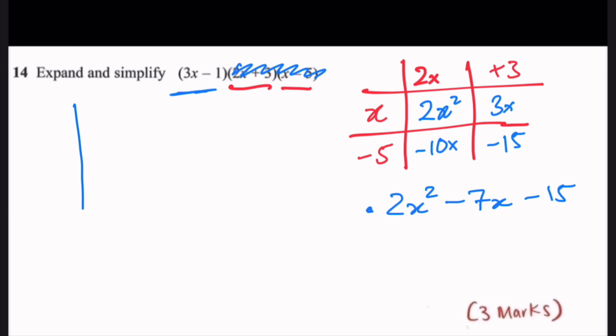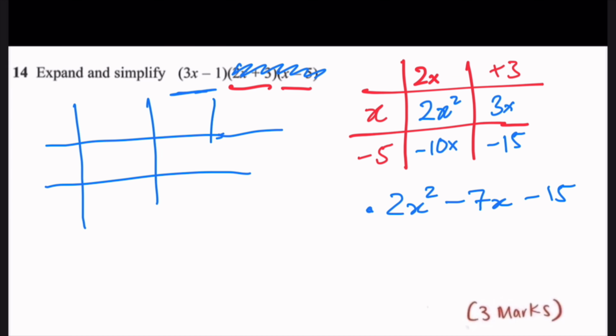So my second grid is going to be for 2x squared minus 7x minus 15, and I'm multiplying by 3x minus 1. Okay, if I multiply out these brackets, this gives me 6x cubed.